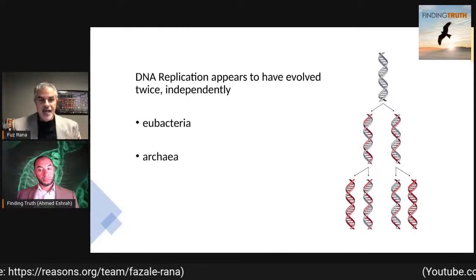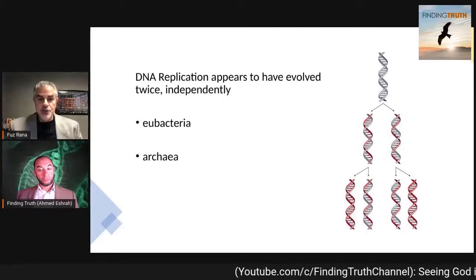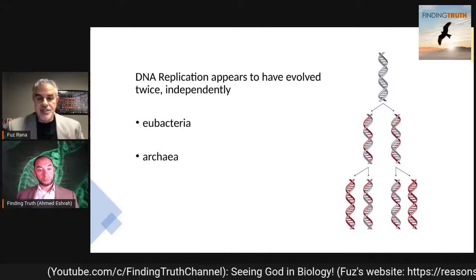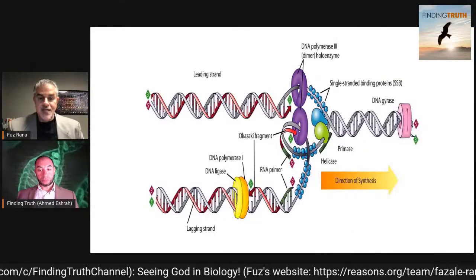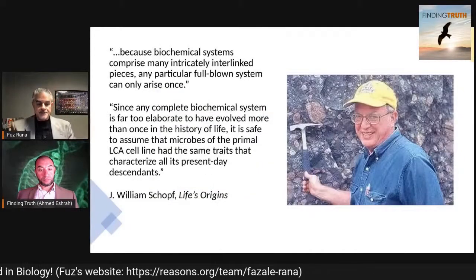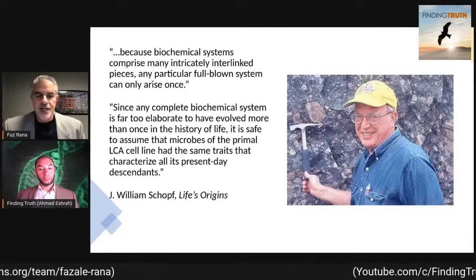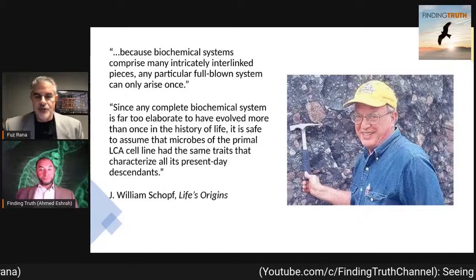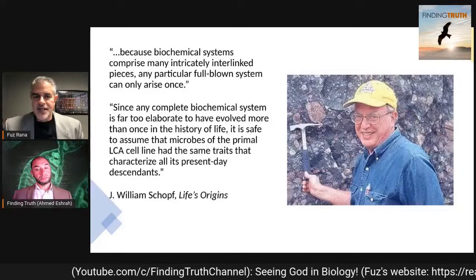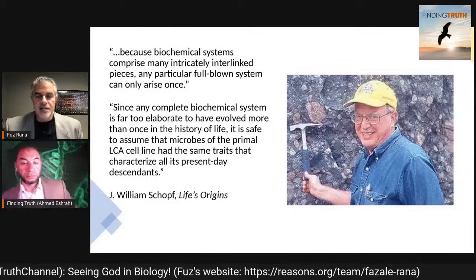They look as if they have evolved separately, through two distinct evolutionary pathways. Again, this is completely unexpected when we think about the sheer complexity of DNA replication. A guy by the name of Bill Schopf, an origin of life researcher, in a book called Life's Origins, wrote this: because biochemical systems comprise many intricately interlinked pieces, any particular full-blown system can only arise once.